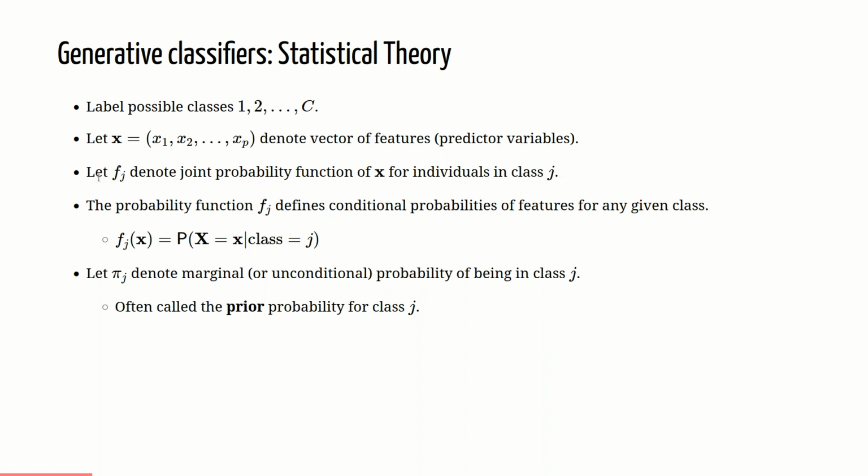So the probability function f_j defines the conditional probability of the features for any given class. So given the class, what do the x's look like in terms of how they're distributed?